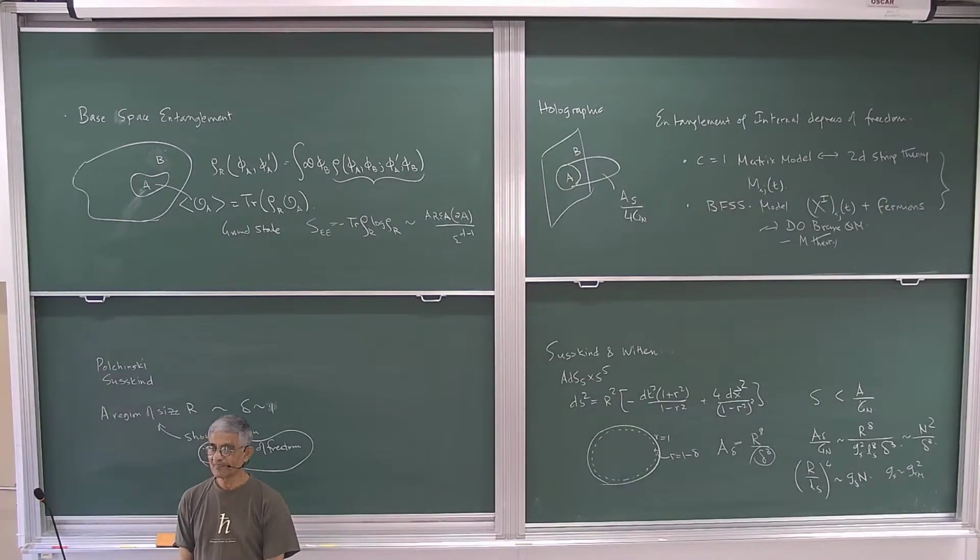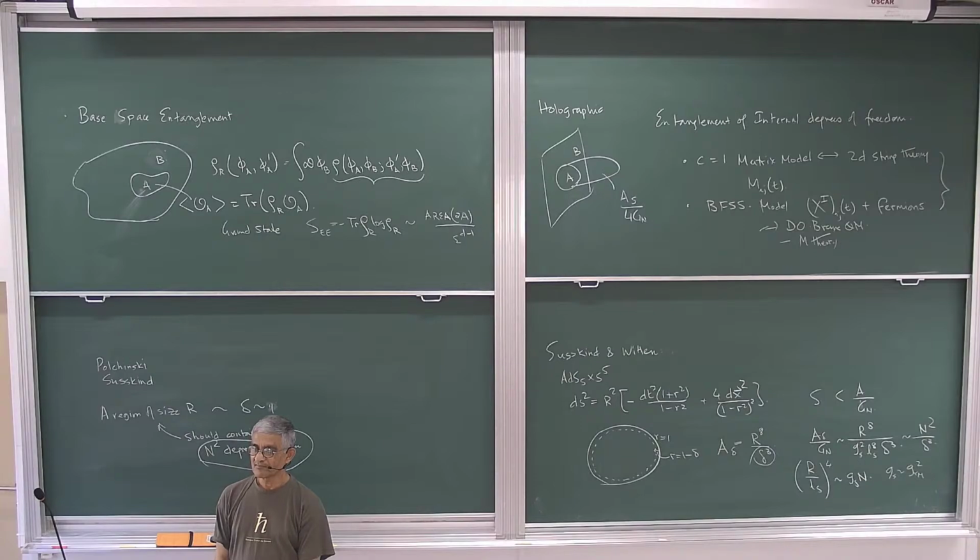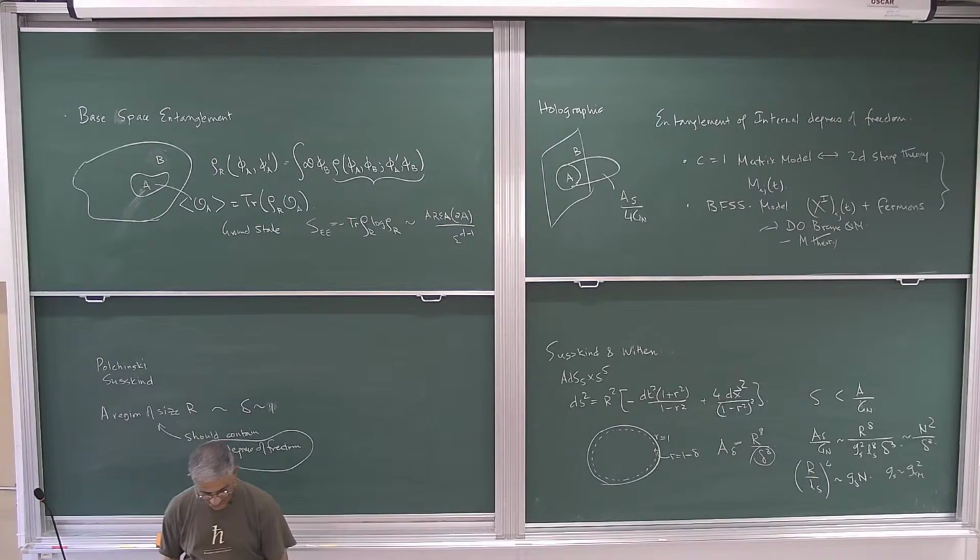And the UV cutoff is how much? Delta. Everything is in AdS units. Right. So if delta is a pure number, like 10 to the minus 3, then we are talking of a physical cutoff which is the AdS radius times this very small thing. But around the boundary. That's right. Very good.